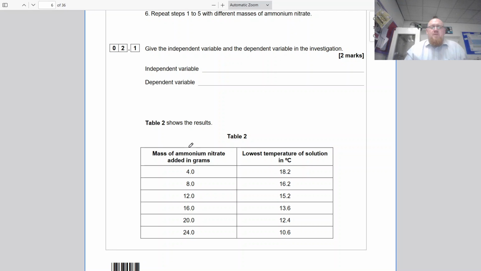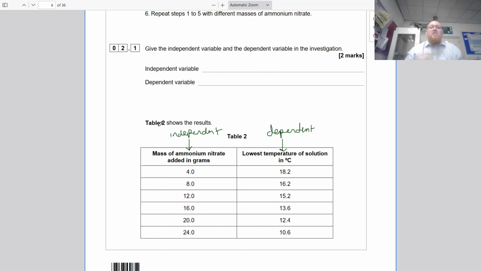Because we've got this as a table, the first column is usually the independent variable. So this will be our independent variable, and this will be our dependent variable. The first one is normally independent, the second one is dependent.